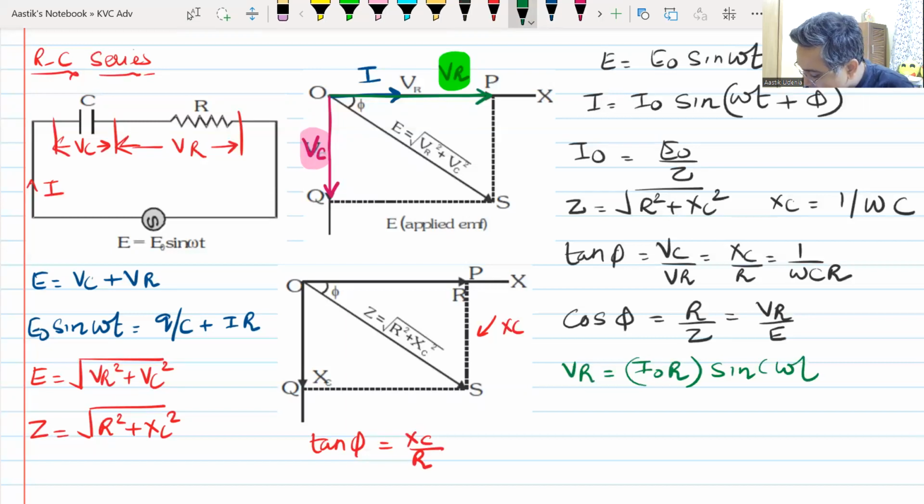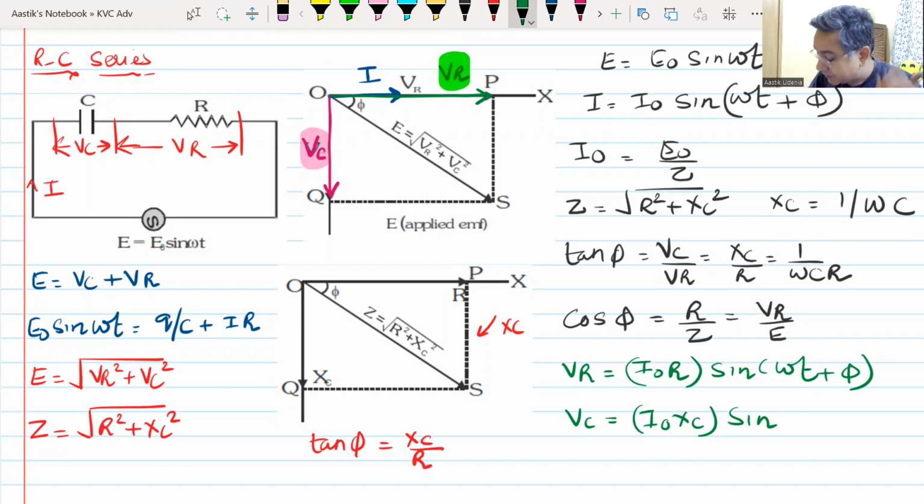Are you able to understand what I am saying? Yes, sir. But whenever you write the value of VC, VC lags behind by 90 degrees. So you multiply I naught with XC, but remember in terms of angle, it would be behind by 90 degrees. So plus phi minus pi by 2. Do we understand this?